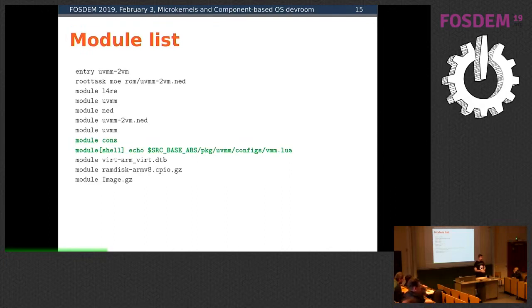And the answer is we will need to use another component from L4Re, which is called cons, the console multiplexer. And as another improvement to this example, we will no longer write very long and complex Ned scripts, but we will use this vmm.lua Ned script, which wraps all this functionality that we need and allows us to configure everything in a much more concise way.